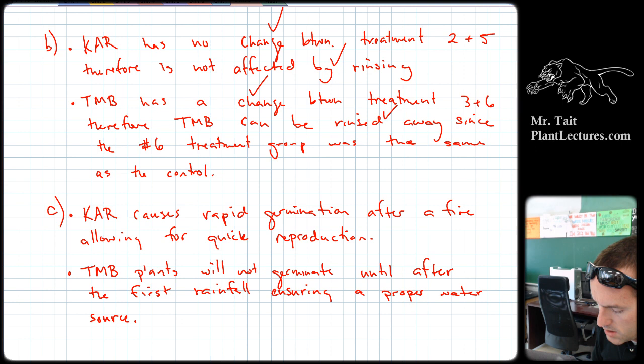It seems like the KAR, once it hits the receptor, it triggers the germination, and that's set in motion. But for the TMB, it's inhibiting it. So it binds to those receptors, and as long as the TMB is bound to those receptors, it doesn't germinate, and you have to wait until it gets washed away before it can germinate as normal. Does that make sense?